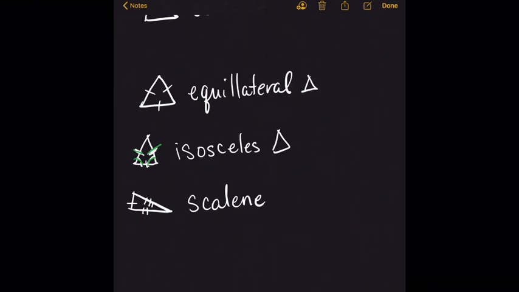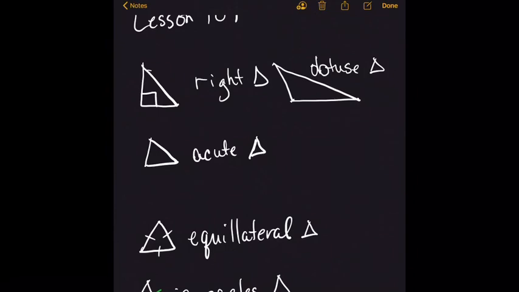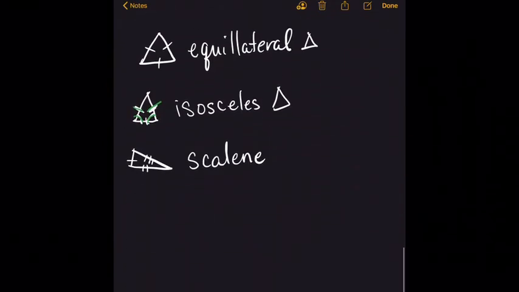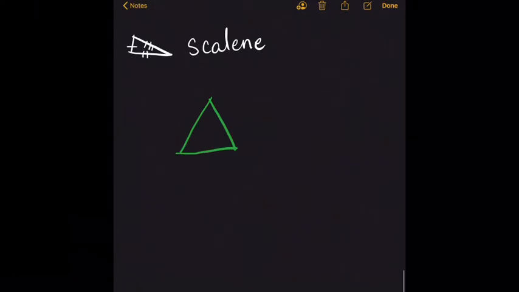So if 2 angles are congruent, so let's say we had a triangle, and it showed us that this angle was 60 degrees and this angle was 60 degrees.